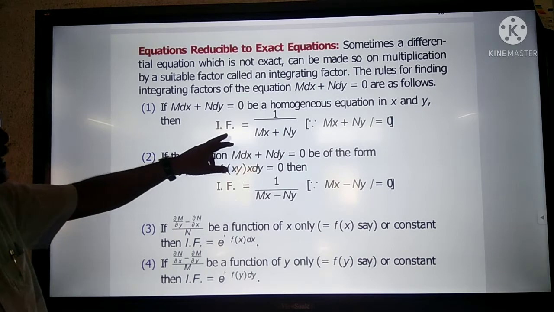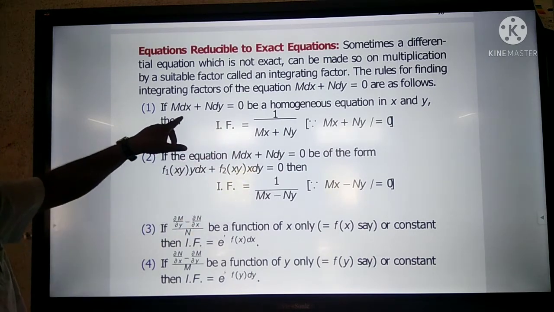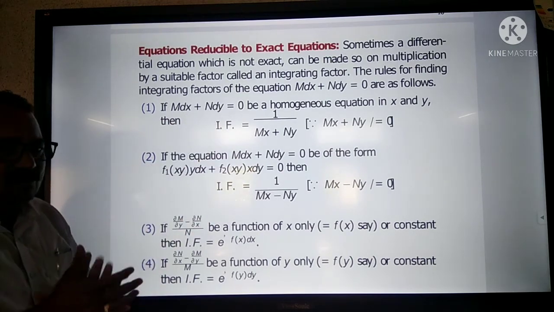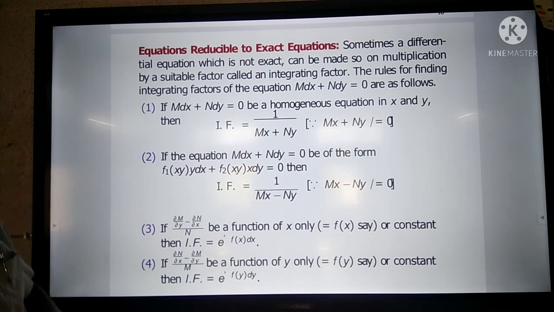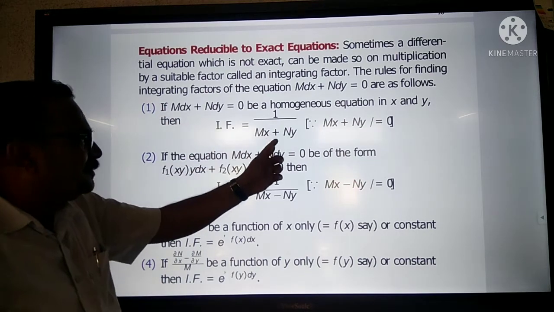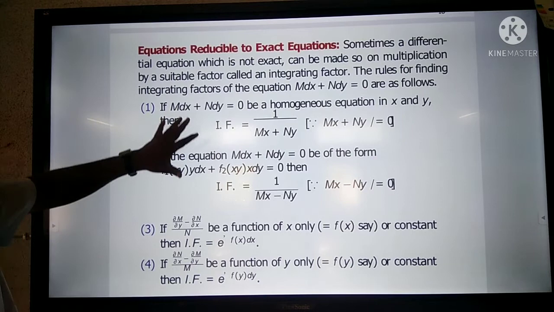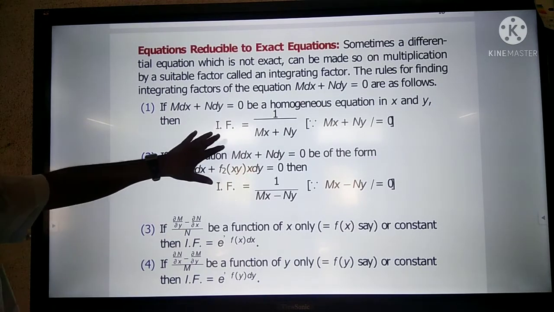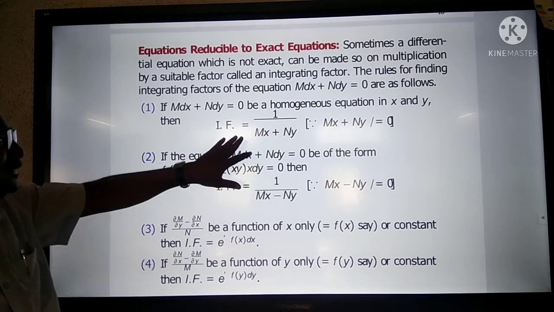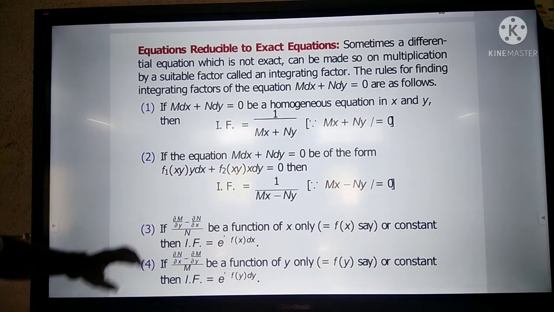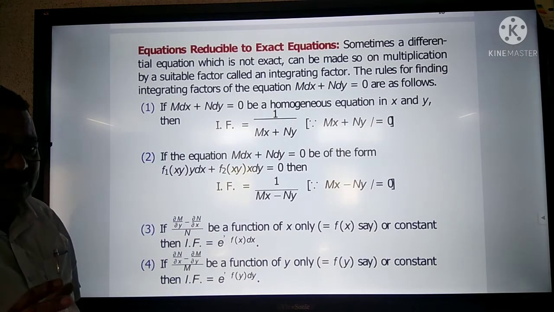That's why we say this is the integrating factor. Homogeneous means what? You know that.